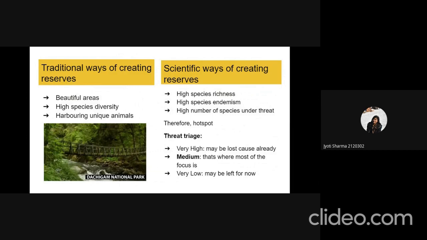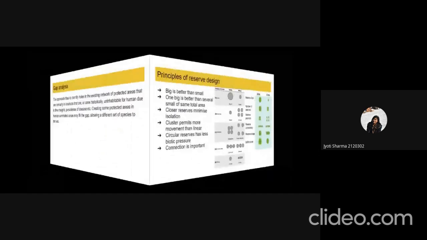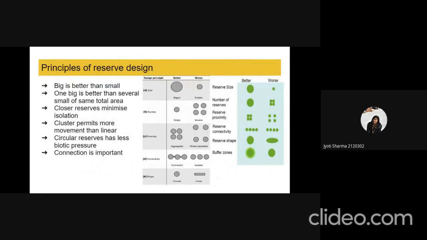And if there is no threat, we can initially ignore making it a reserve. So whenever we have a medium kind of threat, this area should be conserved. Then I should skip this because it is not that important right now.